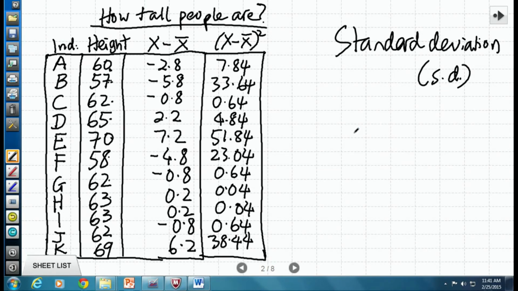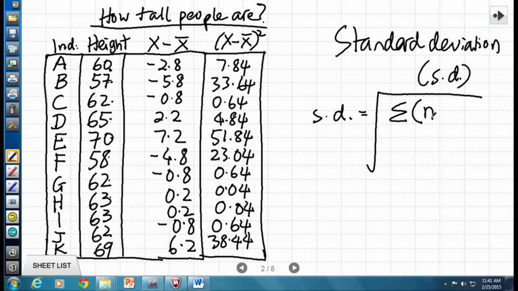The formula for the standard deviation is this. The square root of the total of the spread to the power of 2 divided by the total number of data minus 1.